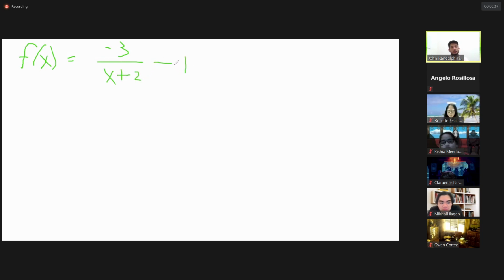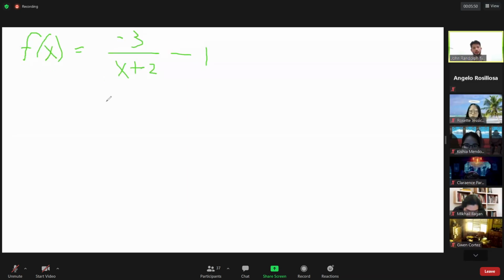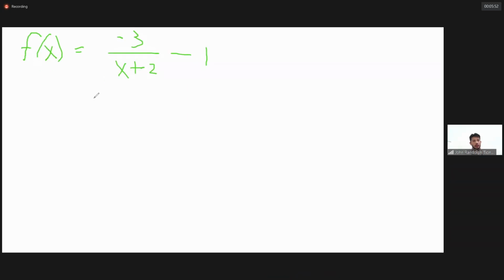Now, this is considered to be a rational function. There's no radical sign in it, so this is a rational function. First thing, you are going to identify your vertical asymptote and your horizontal asymptotes.